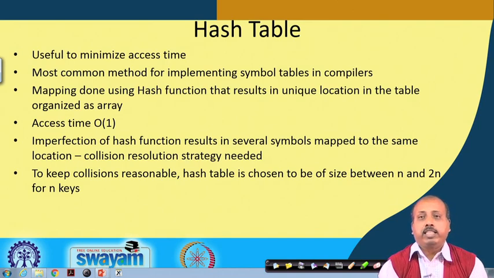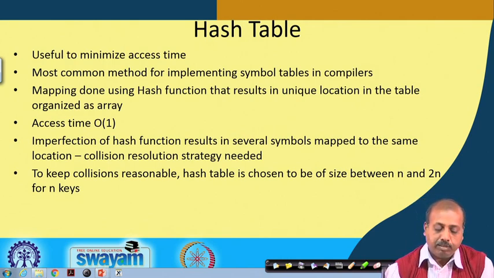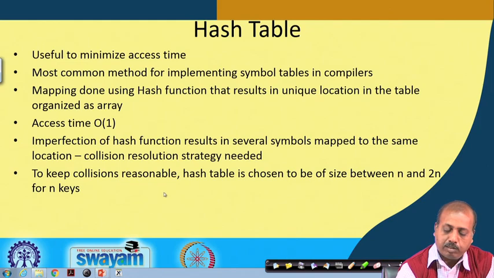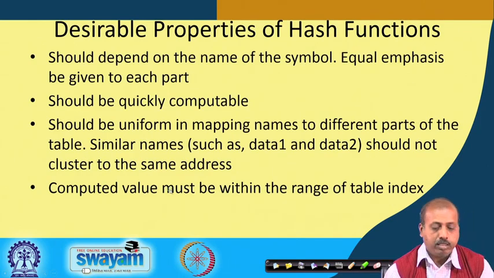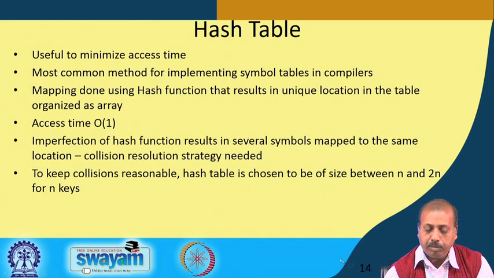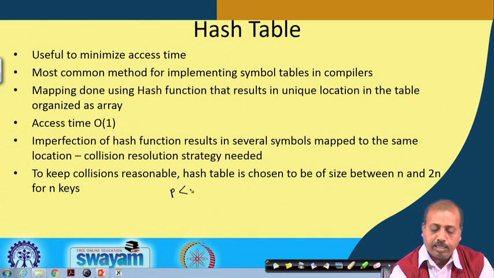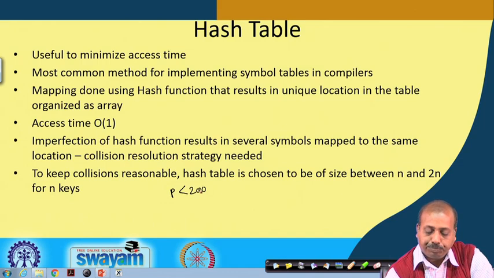If you expect that the programs that a compiler will compile will have about, say, 100 symbols, then you keep the hash table of size about 200. You take a prime number p which is just less than 200, and then you can make h of x to be x mod p.